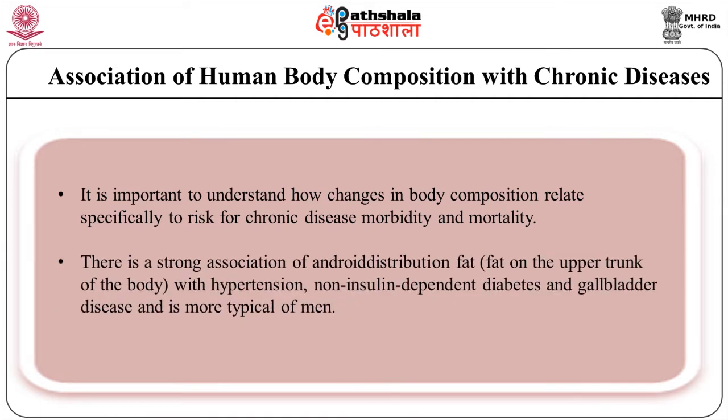There is a strong association of android distribution of fat on the upper trunk of the body with hypertension, non-insulin dependent diabetes and gallbladder disease. And this type of distribution is more typical of men.